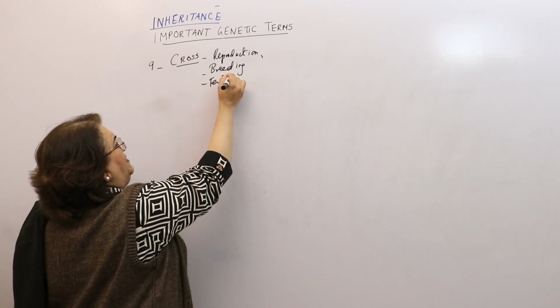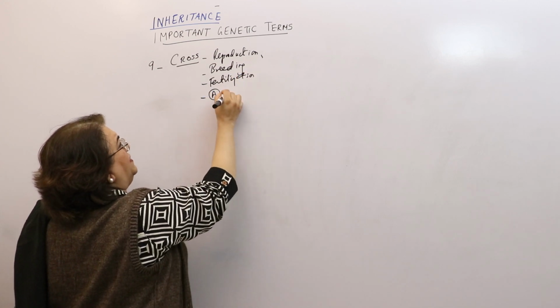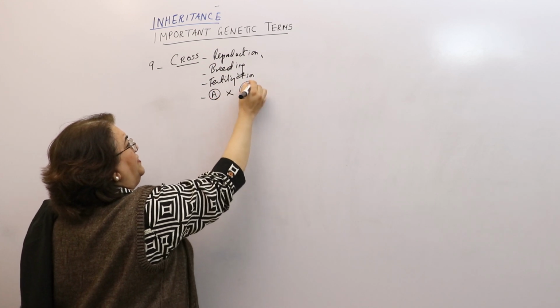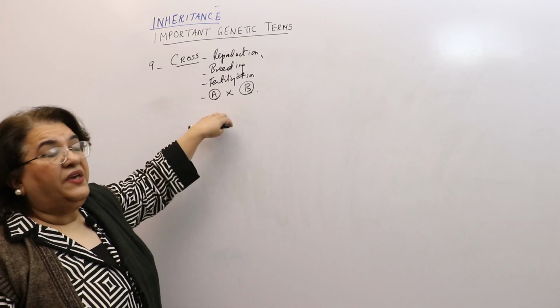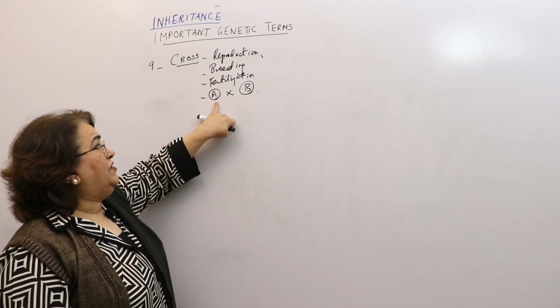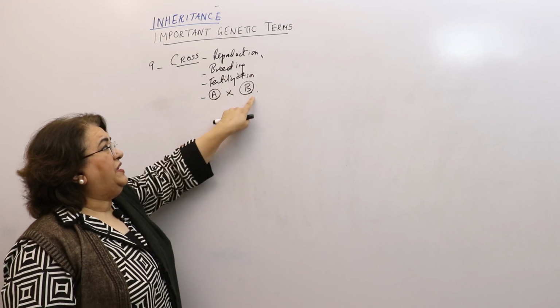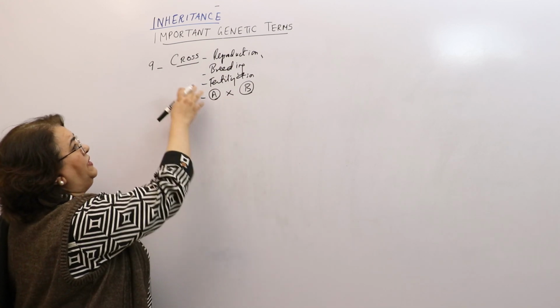We mean that when plant A is crossed or bred with another organism B, it could be two plants, two animals, even humans, and we want to see the results in the offspring.